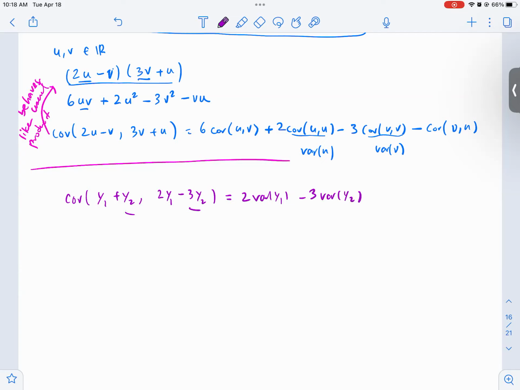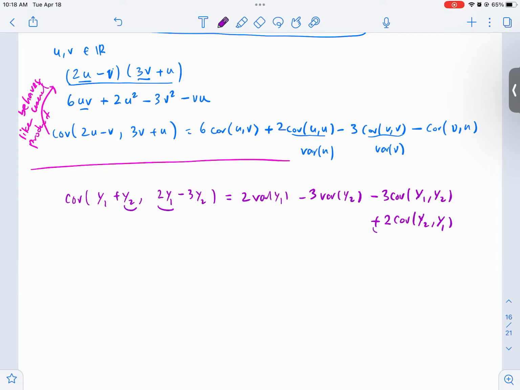You get minus 1 variance of the other ones because you have a plus 2 and a minus 3. This times that, so minus 3 and the other covariance of y1, y2, and then you get this times that, right? It's plus 2 covariance of y2, y1. Those terms are the same, so you can combine.